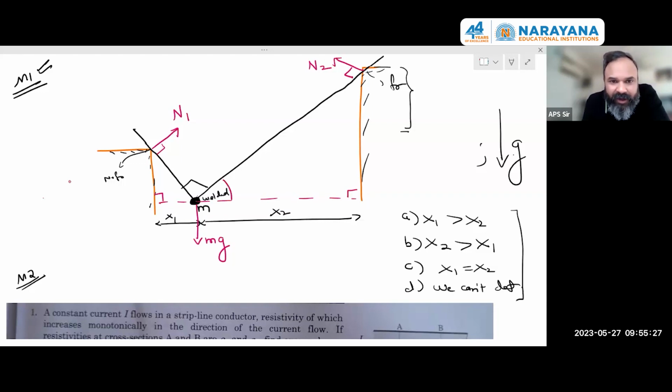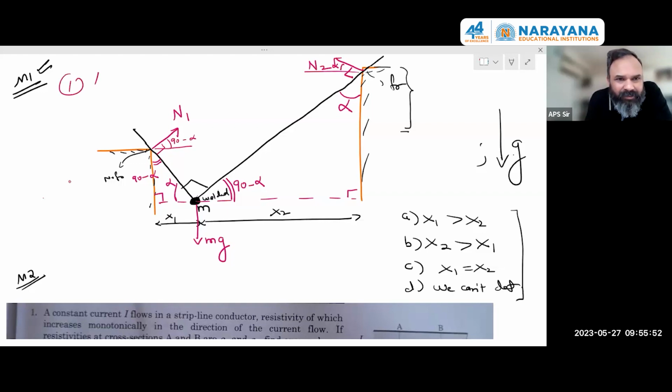If you take this angle as alpha, this is 90 minus alpha, this angle here is then alpha, 90 minus alpha. This is again 90 minus alpha. All those things are happening. Like this is 90 minus alpha, so this is alpha. And similarly here, 90 minus alpha.